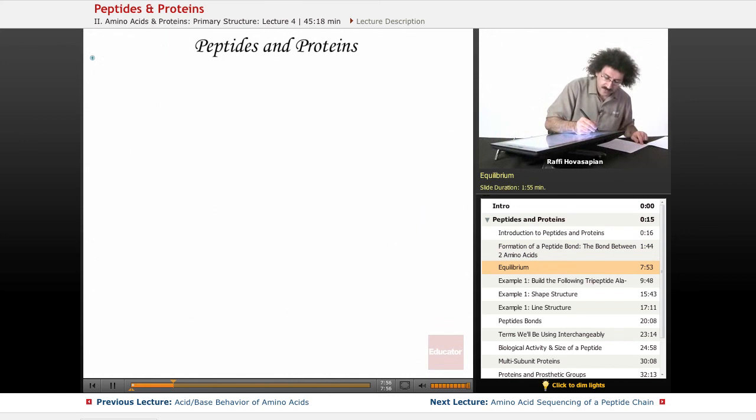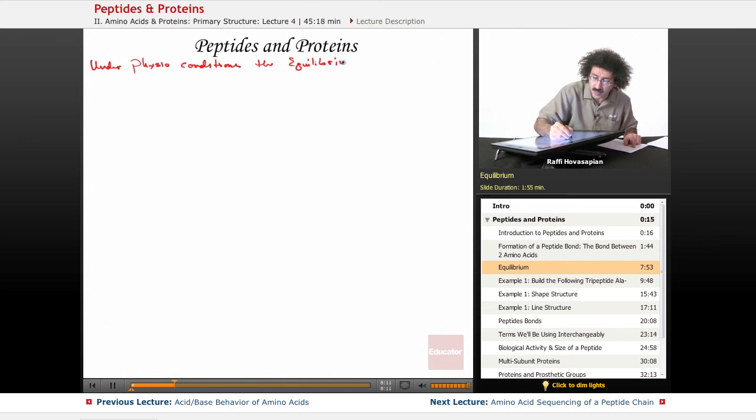Okay, so under physiological conditions, interestingly enough, the equilibrium of the previous reaction of peptide bond formation lies to the left.